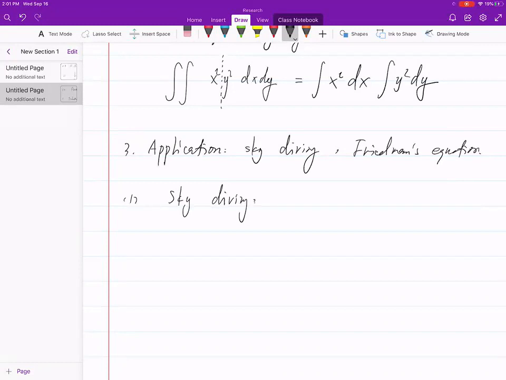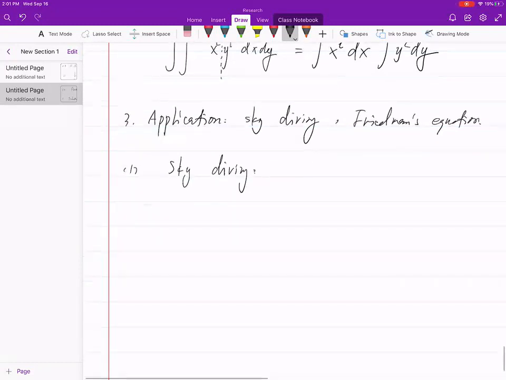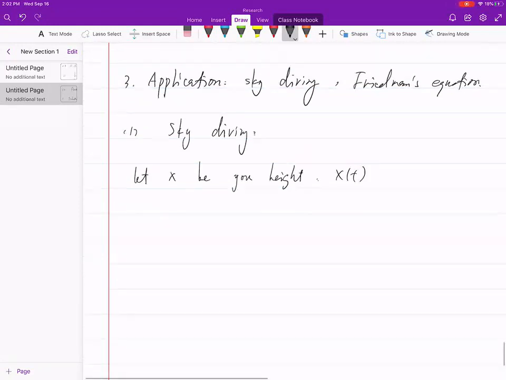Well, when you do skydiving, it's quite simple. Let x be your height, which is a function of t. Then this is going to be ma equals f.